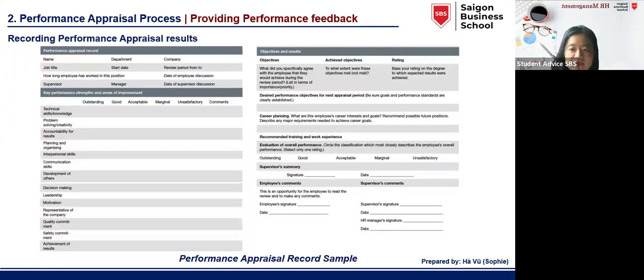So after the feedback and discussion phase, it is crucial to complete a well-organized document for administrative and legal purposes. The performance appraisal record serves this role, documenting employee ratings and comments. A well-designed appraisal form is vital as it forms the basis for decisions on discipline, promotion, transfer, and termination. An example of a performance appraisal record is presented on the slide, and you can refer to it later.